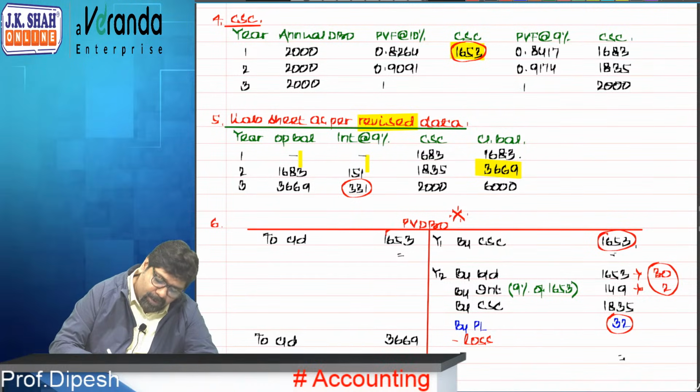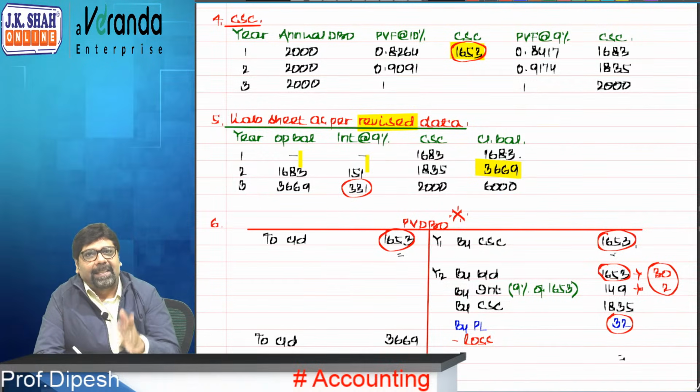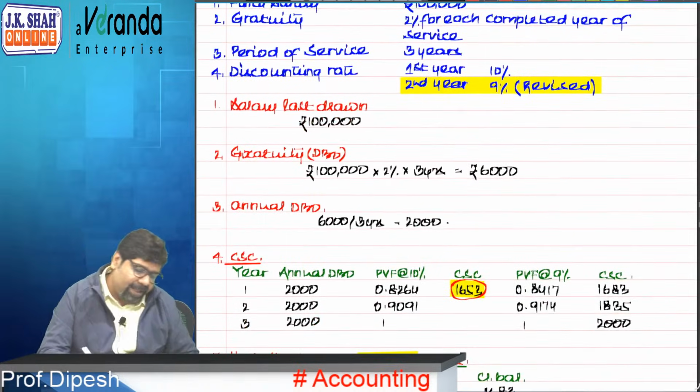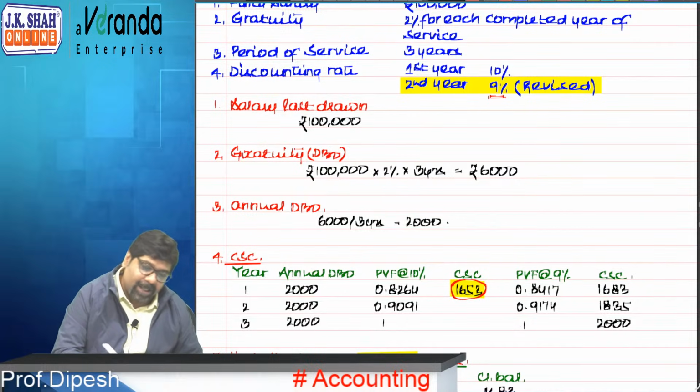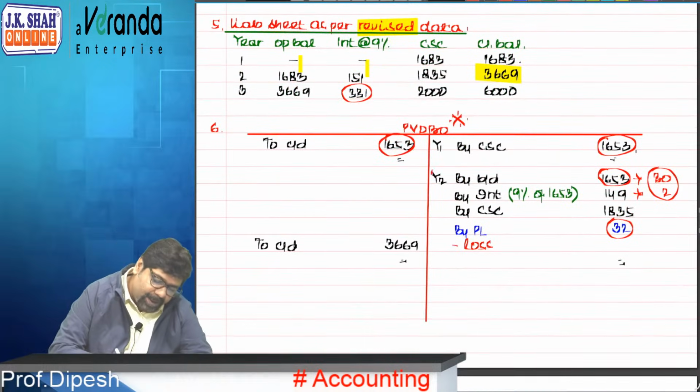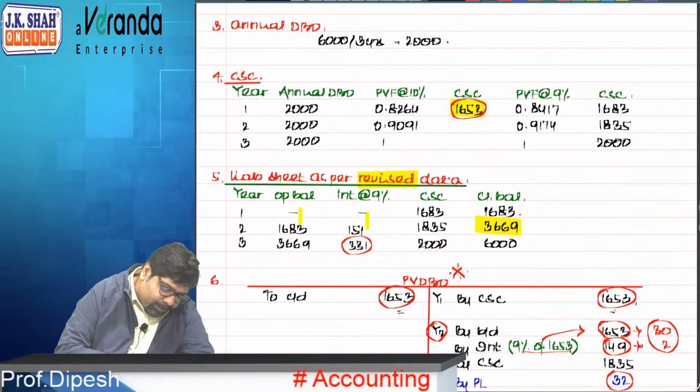Yes, that is your closing balance, that is your opening balance. Now, second year rate had changed to 9%. So we are in second year only. So you will calculate on the basis of 9% of this. You will get this. Second year mein you are saving new. You are saving as per new.